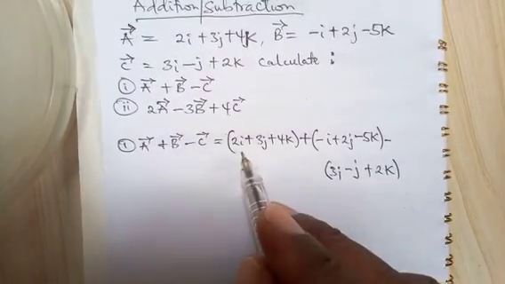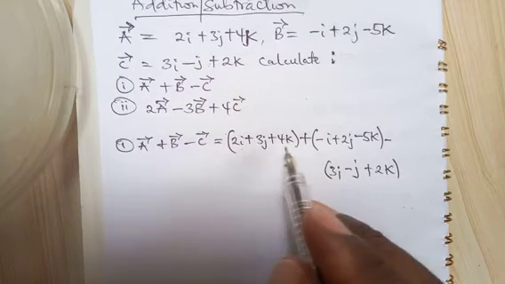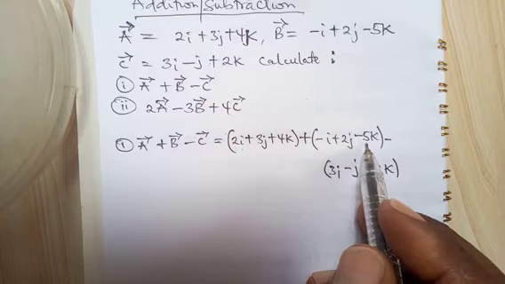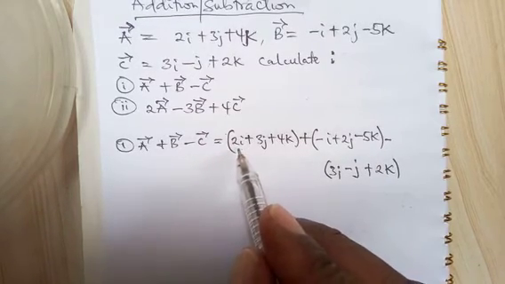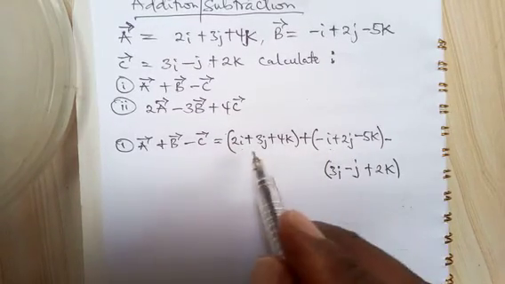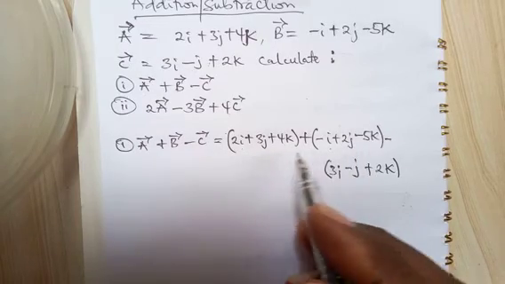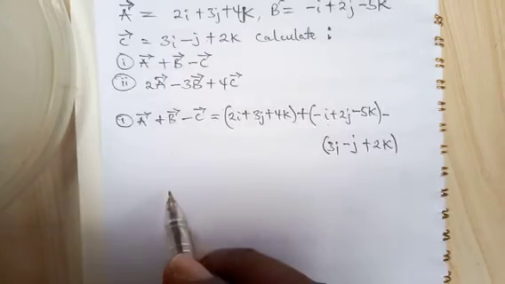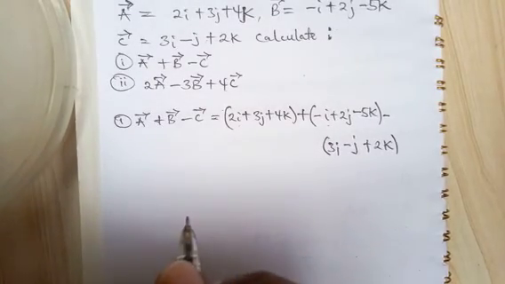Now, for us to add, you cannot add i to j or add k to another dimension. You only need to add i to i and j to j or k to k, just the like terms that you are going to combine alone.